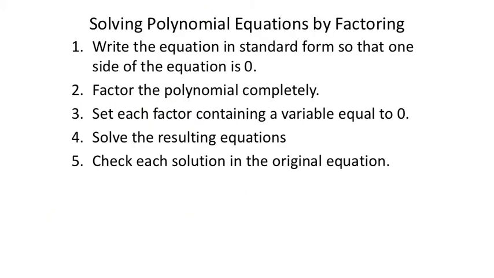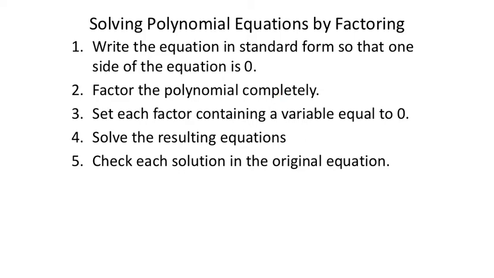Polynomial equations by factoring. Write an equation in standard form. That's ax squared plus bx plus c. I'm not worried about that, okay? Just, we want the equation to equal 0. If you find that you have something like 3x squared equals 5x plus 2, you've got to make one of the sides equal 0. Doesn't matter which side, just one of them, okay? Once you get it equal to 0, then you're going to factor the polynomial completely.